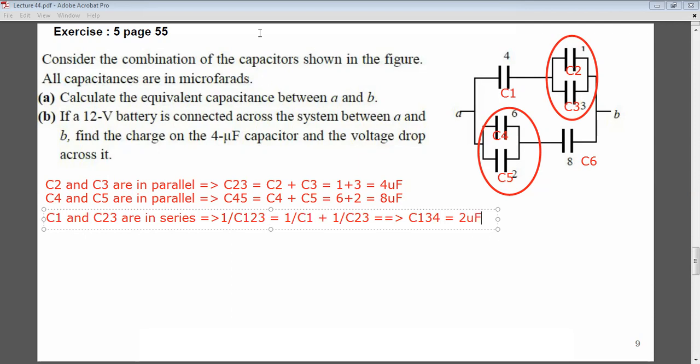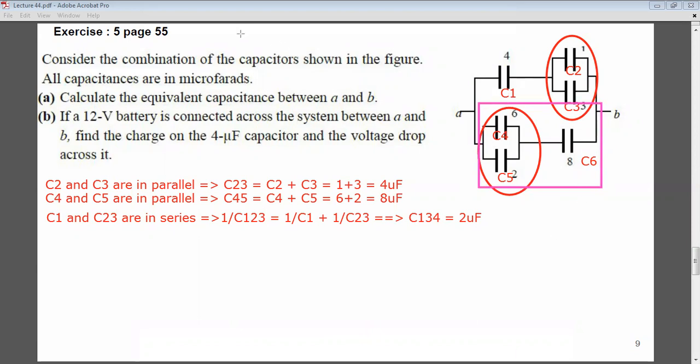Okay, so here I just choose this capacitor and the equivalent of C23, which are in series. So I use this.